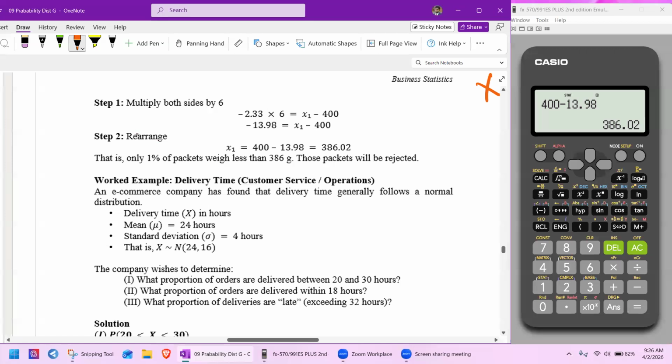You can see here that only 1% of packages are less than 386 grams; those packets will be rejected. Right, this is example 1, and we use another example.